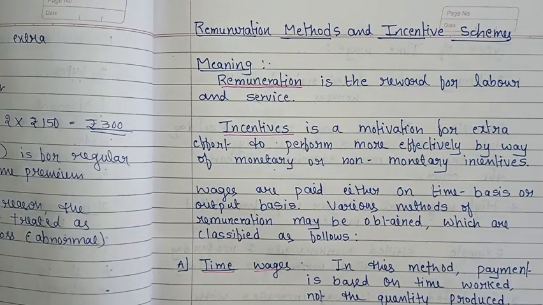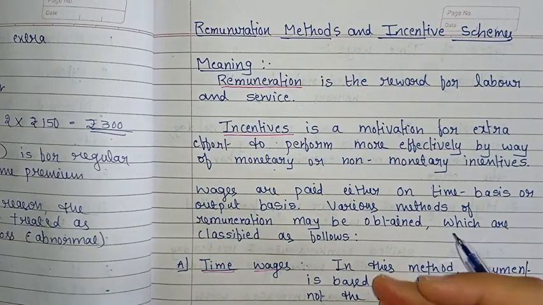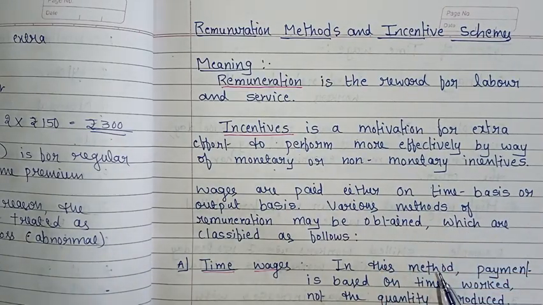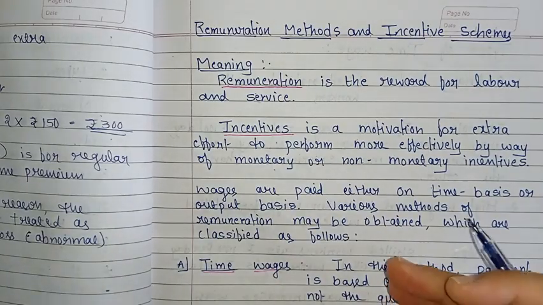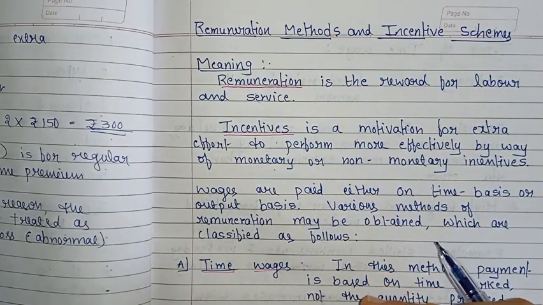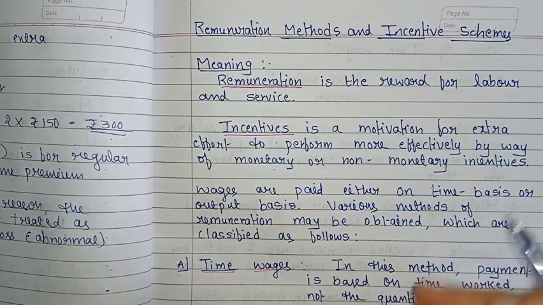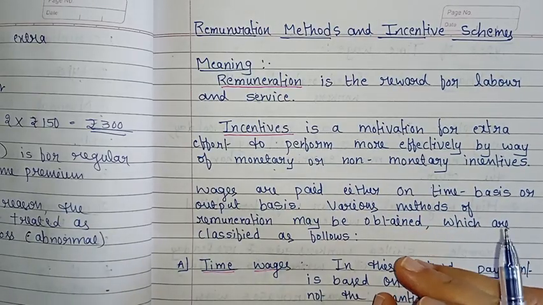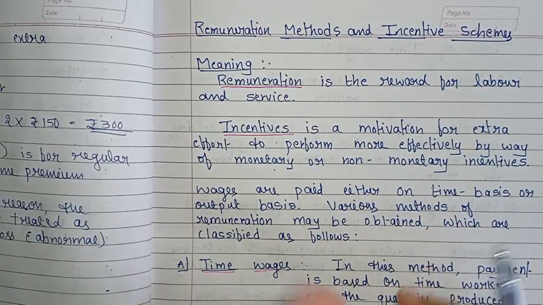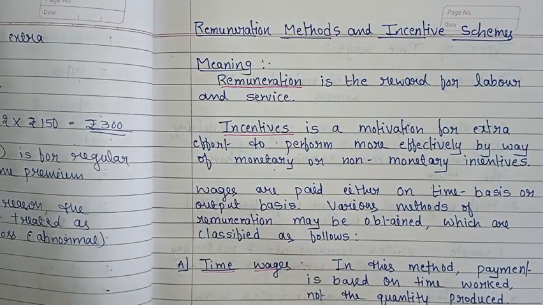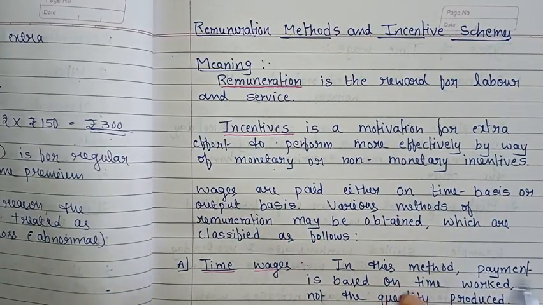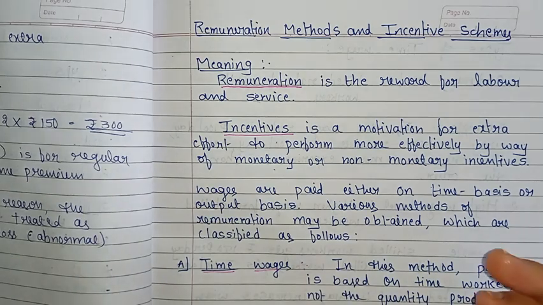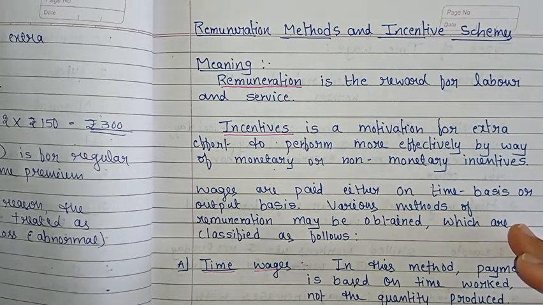To encourage better performance, higher productivity and greater efficiency. Non-monetary incentives are non-cash benefits, such as free meals, company housing, promotions or awards. So these all are non-monetary incentives.